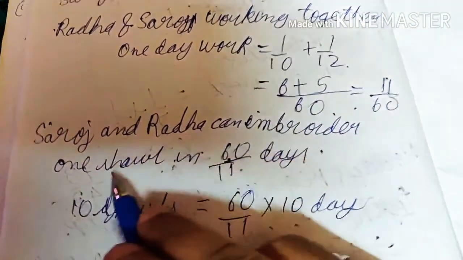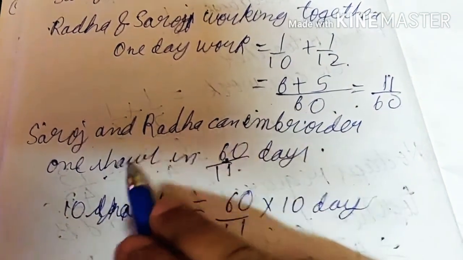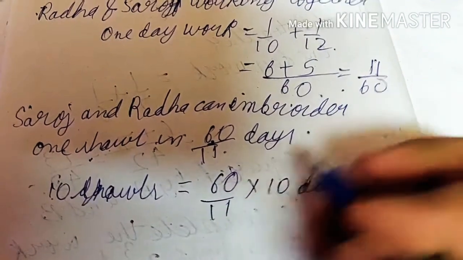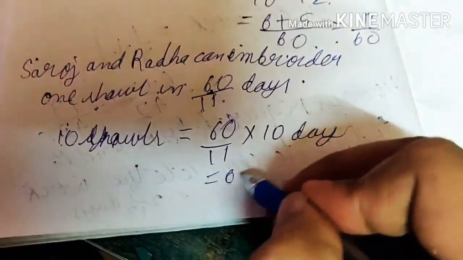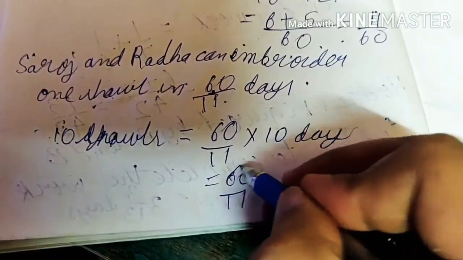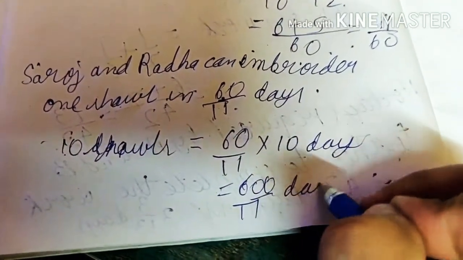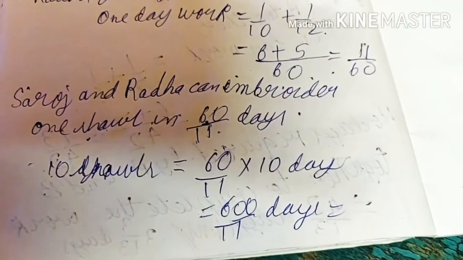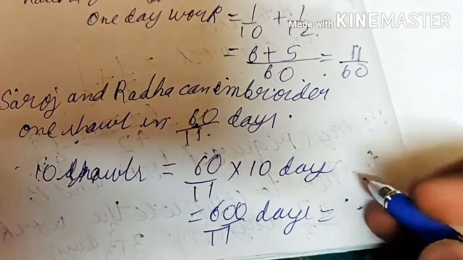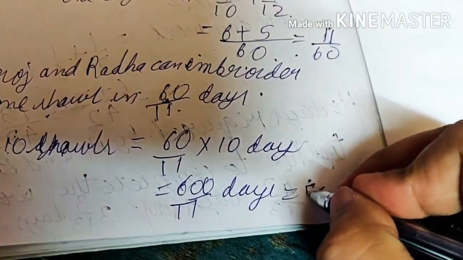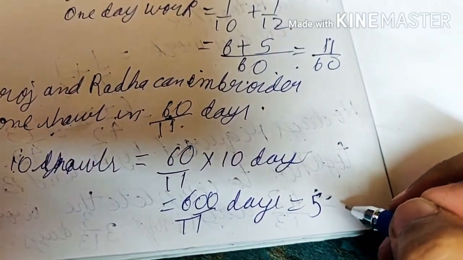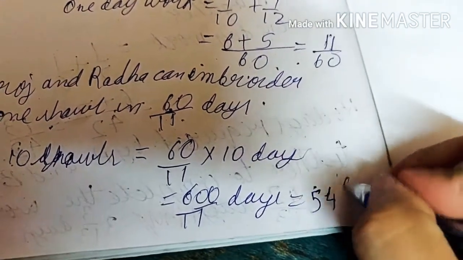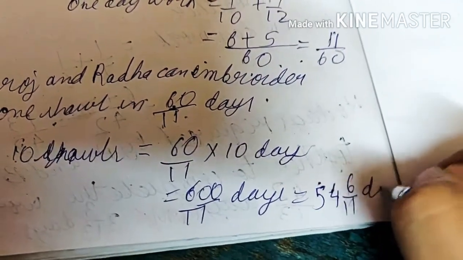They embroidered one shawl in 60 by 11 days, so 10 shawls they will take 60 by 11 into 10 days, that is 600 by 11 days. You have to convert it into a mixed fraction. So 550, it will be 50, and then 54 whole 6 by 11 days.